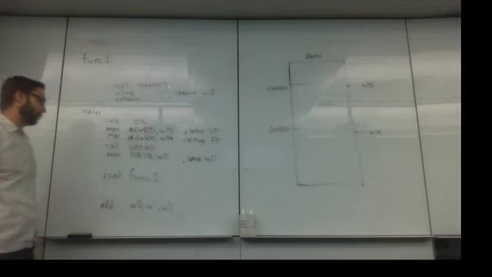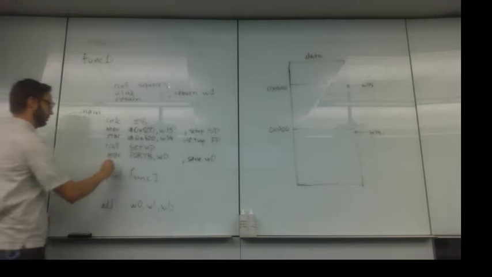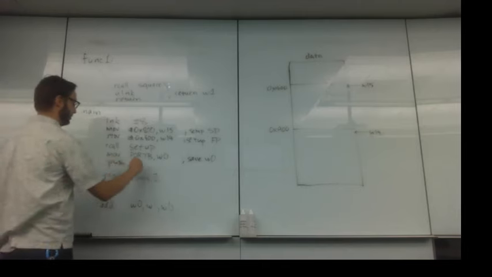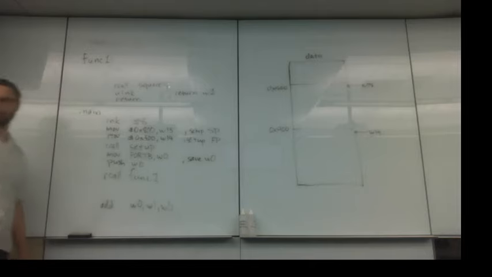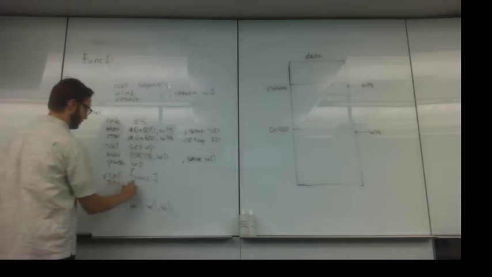Okay, so before we call function 1, what needs to happen? We want to save W0 on the stack. So we're going to do push W0. And after we call function 1, we want to return it, so we're going to do pop W0.